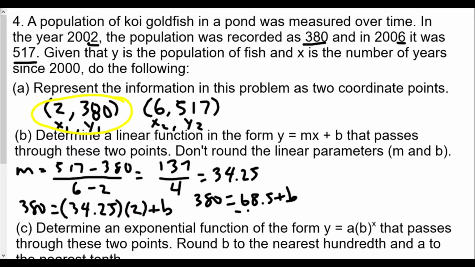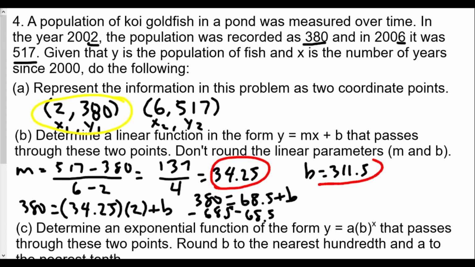And subtract 68.5 on both sides. So we will get, 380 minus 68.5 will be 311.5. So b equals 311.5.